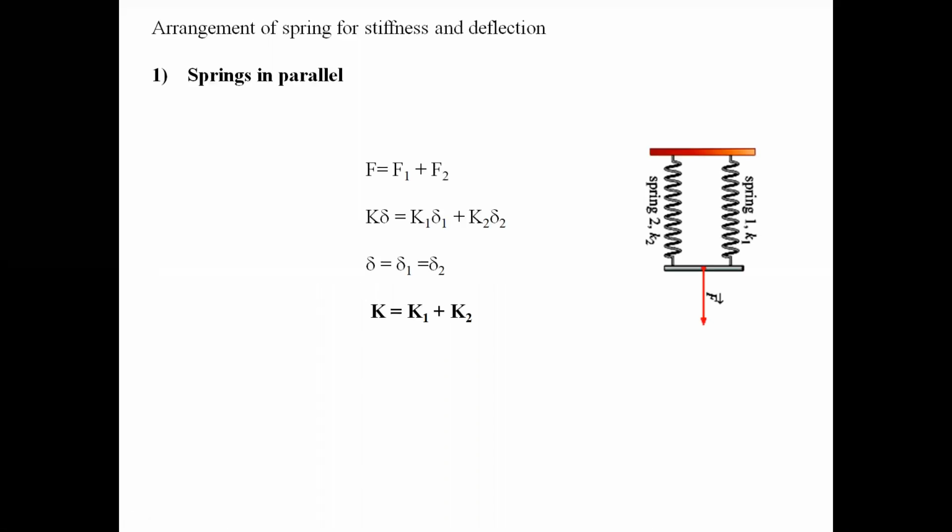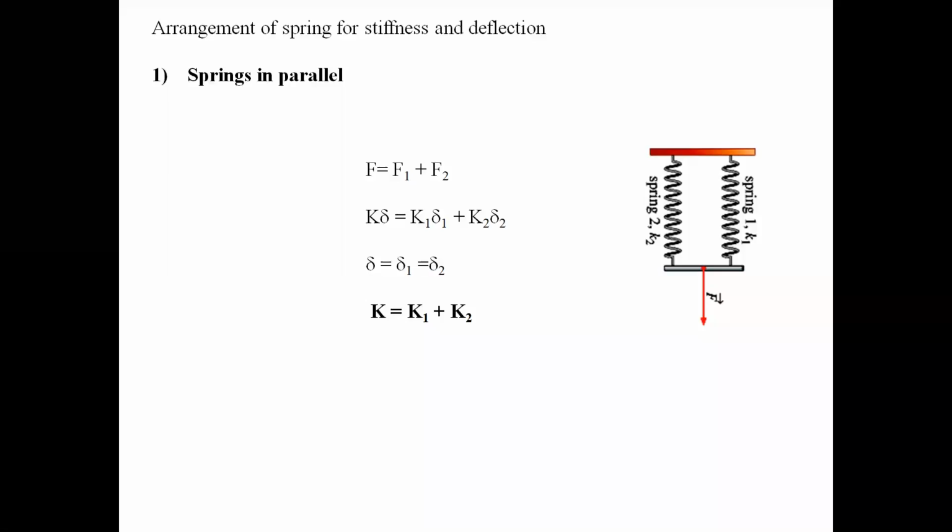Next thing is, we know that there are very simple arrangements of springs for stiffness and deflection. The two conditions are springs in parallel and springs in series. These two conditions are everywhere in our day-to-day life.